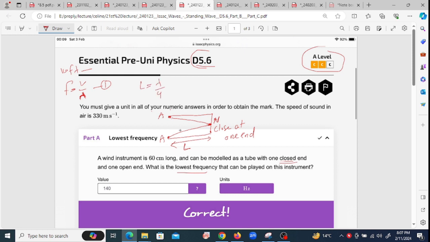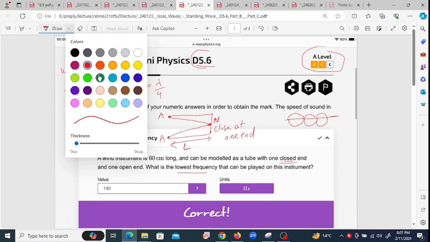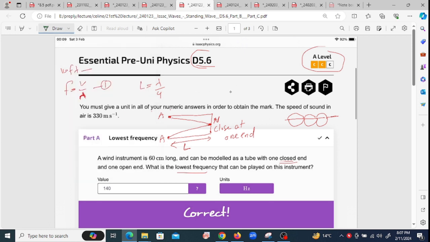How is it lambda over 4? I will explain here. For example, if we have a stationary wave, one complete cycle of the wave is this one. This green color is one complete wavelength, and this length is one lambda.